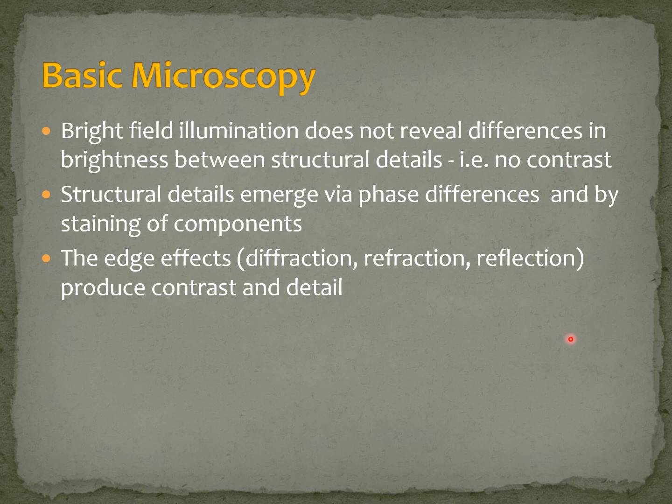Anyway, knowing these characteristics of the light, we can observe these structural details if we manipulate the light in such a way that we can see phase differences, and we could further do it if we stain the components. But the main effects that we use of the light, so diffraction, refraction, reflection, can actually produce quite a good level of contrast and detail in our samples.